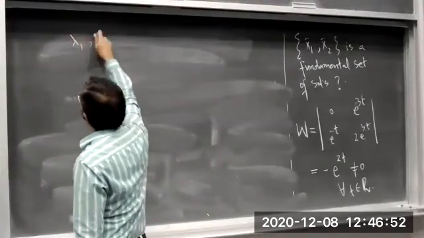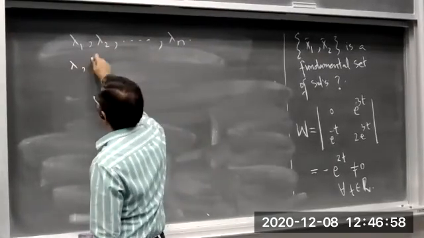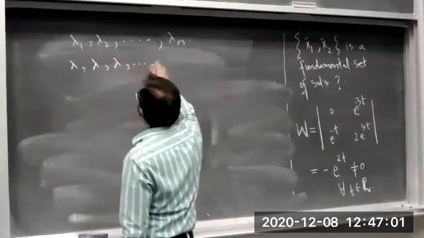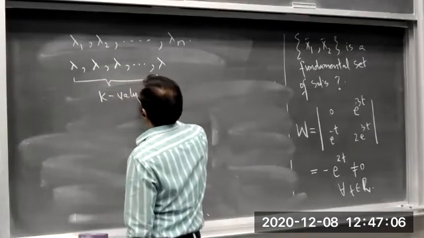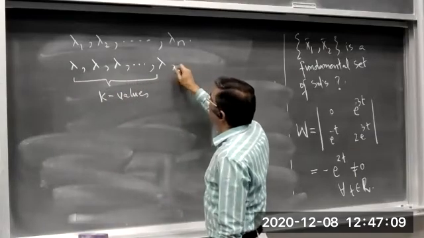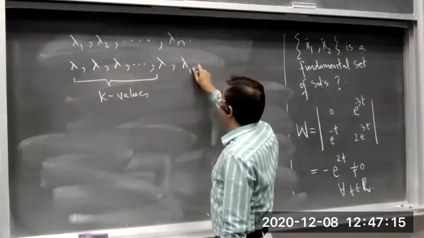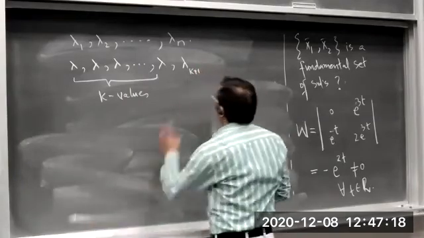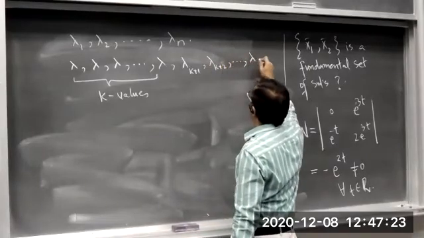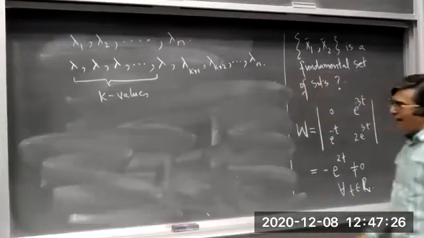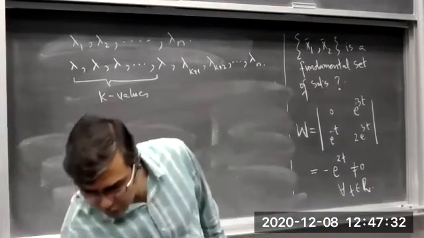Now, if we have n eigenvalues, but the first k values are identical, the first k values out of n, so this is lambda 1, 2, 3, and so on up to k, and the rest are lambda k plus 1, lambda k plus 2, and so on up to lambda n. The last value will be n. The first k values are repeated. Then how do we write the solution in this case?